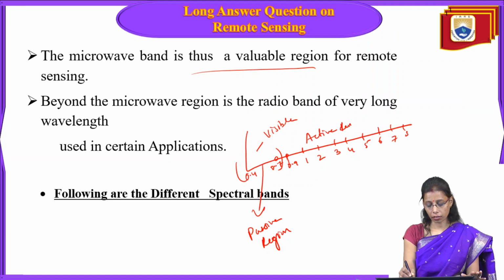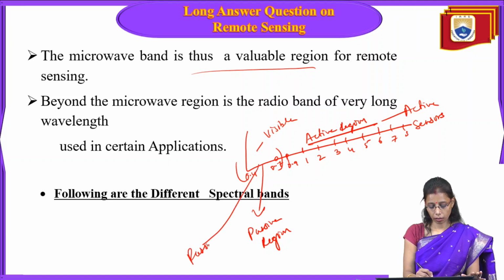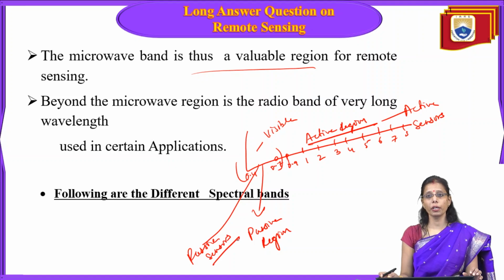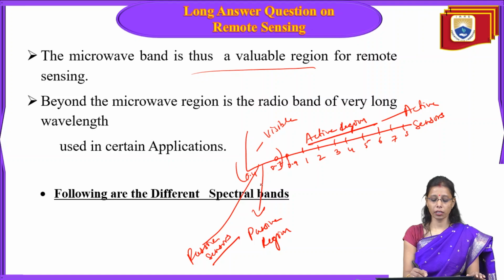In the active region we have active sensors, and in the passive region we have passive sensors. Passive sensors are helpful in capturing information of the ground surface whenever sunlight is available.